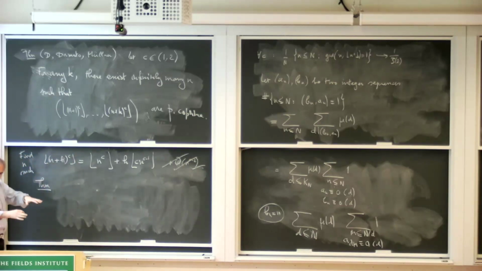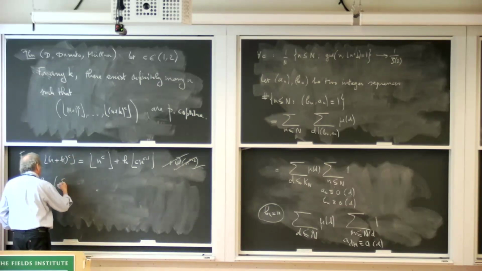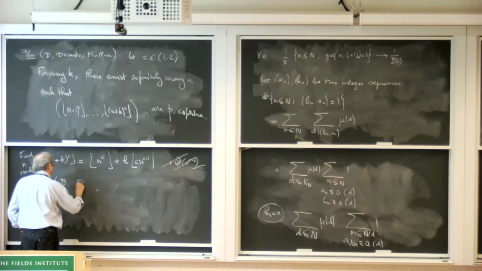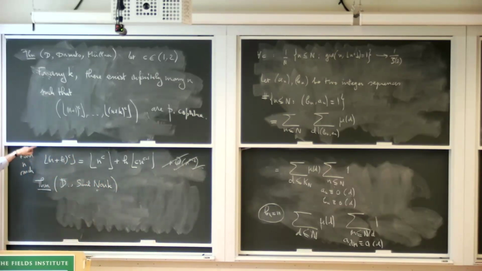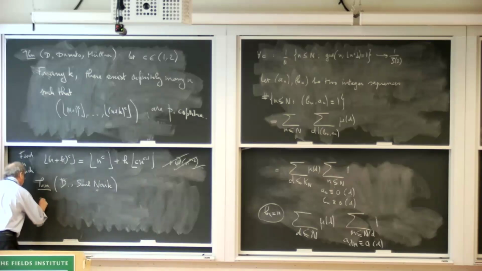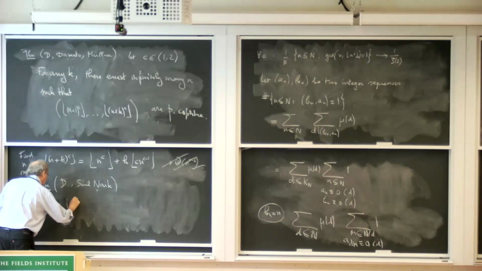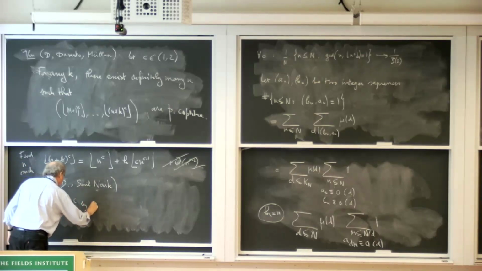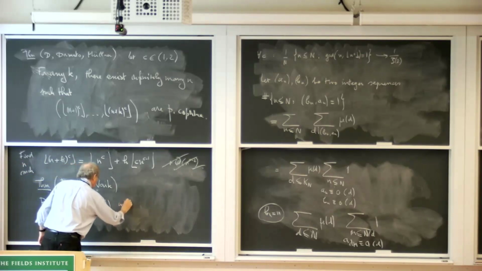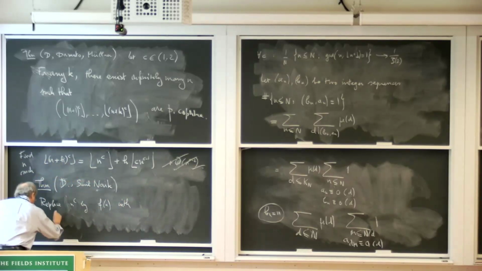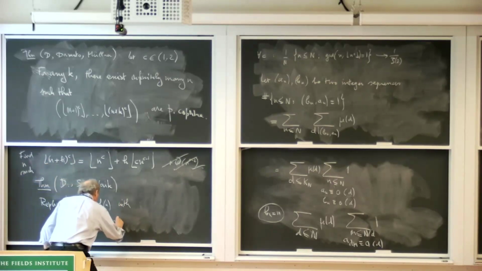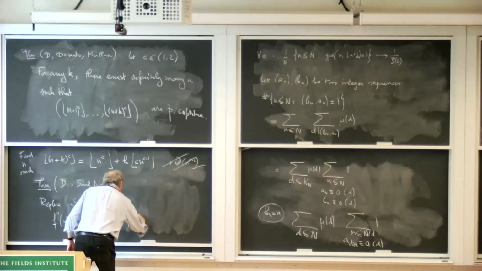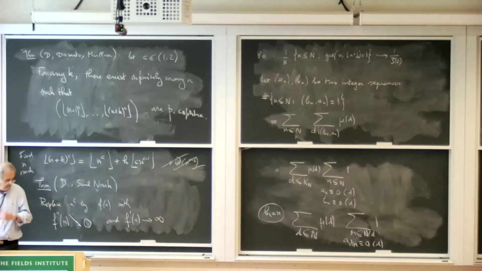This is why we can have many more functions, many more sequences, which is due to Sunil Naik and I. We show the same thing when we replace n to the c by f of n, with f having the following property: f double prime of n tends to 0 and is decreasing, and f prime of n tends to infinity when n tends to infinity.